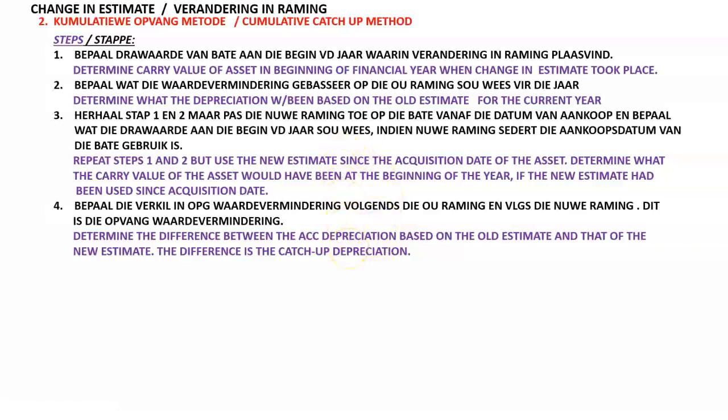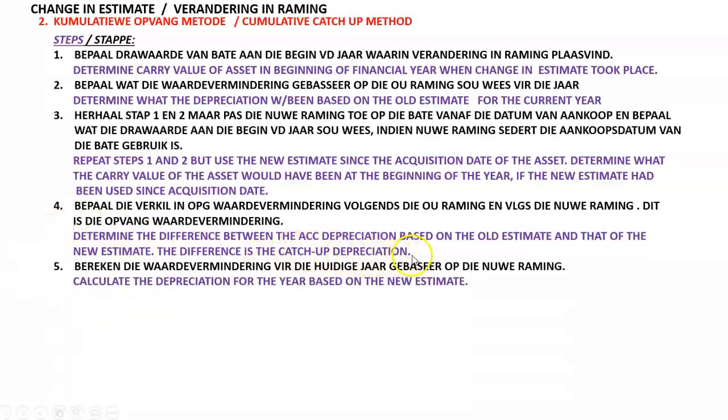So I want to change my accumulated depreciation as at the beginning of the current financial year to the amount that it should have been based on the new estimate. How? I'm either going to make my accumulated depreciation more or less, depending whether I have too much or too little in my books. And the counter leg of that entry will go to my depreciation expense for the year. Now guys, that is our catch-up depreciation.